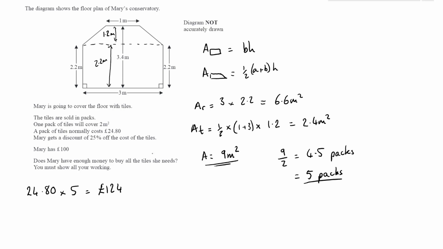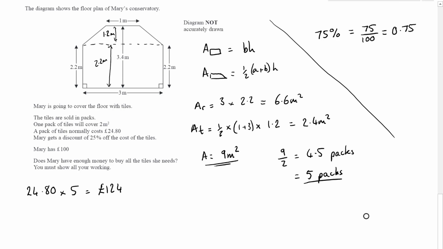And as a side note, 75% is the same as saying 75 divided by 100. That's what percent means: it's 75 out of every 100. In decimal form, it would be 0.75.